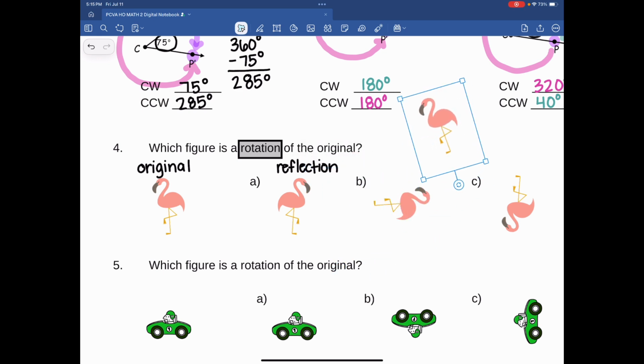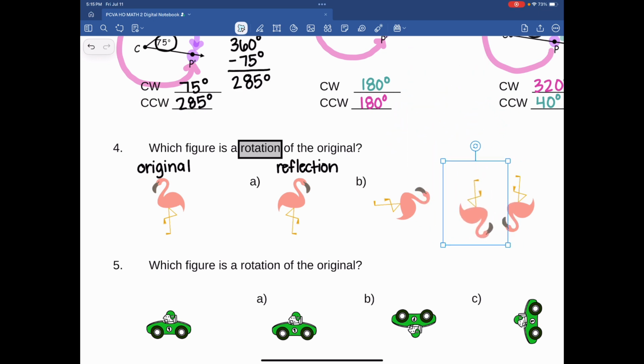So I'm going to do it in the opposite direction and do it counterclockwise. If I do it counterclockwise, it still doesn't match. Still going to give me that reflection image of that one. So that looks like, honestly, that's probably showing more of a combination of transformations here.